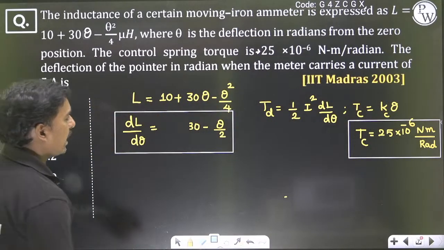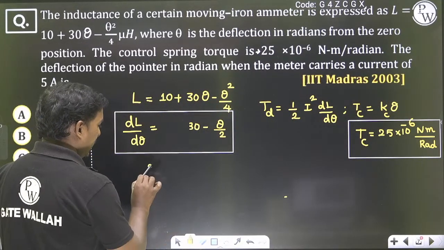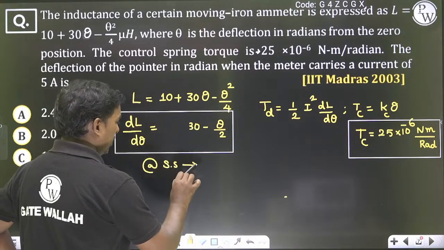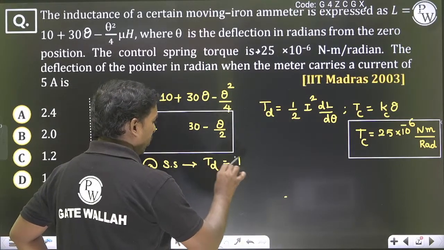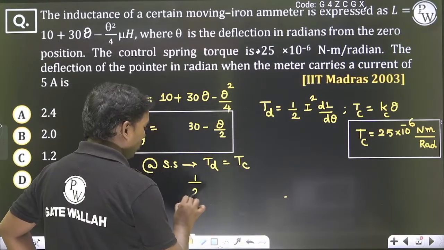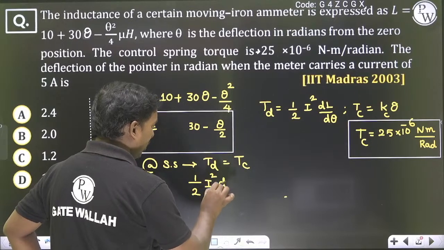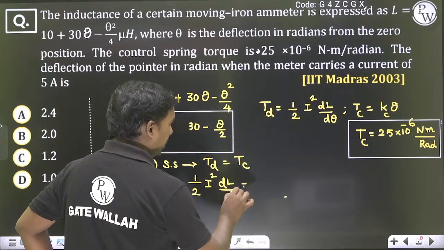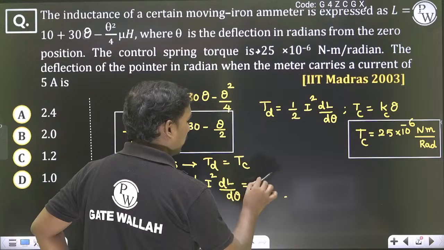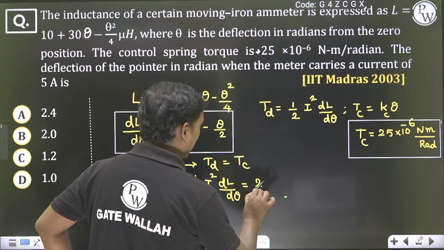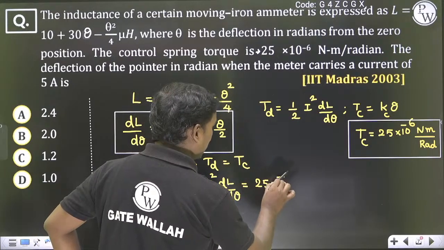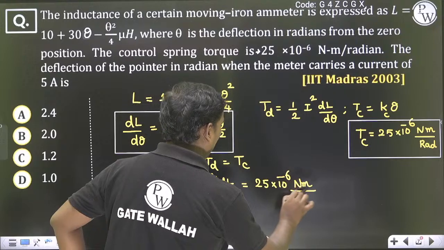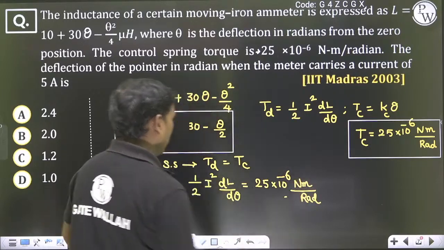So at steady state, deflection torque is equal to controlling torque. For a moving iron, I can write 1 by 2 I square dL by d theta is equal to Kc theta, that is given as 25 into 10 power minus 6 Newton meter per radian.